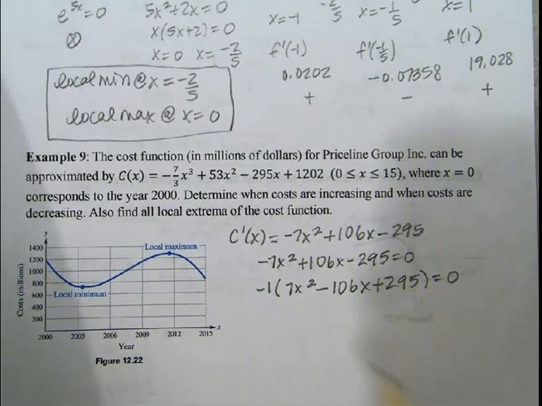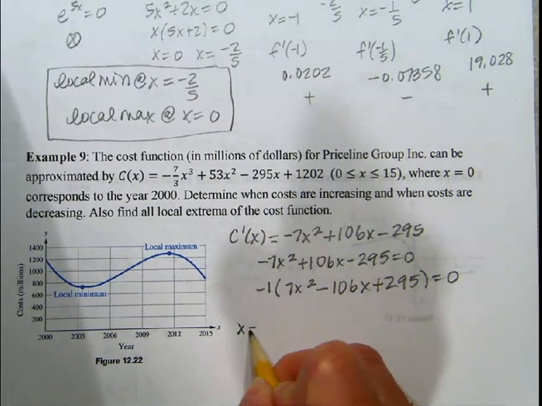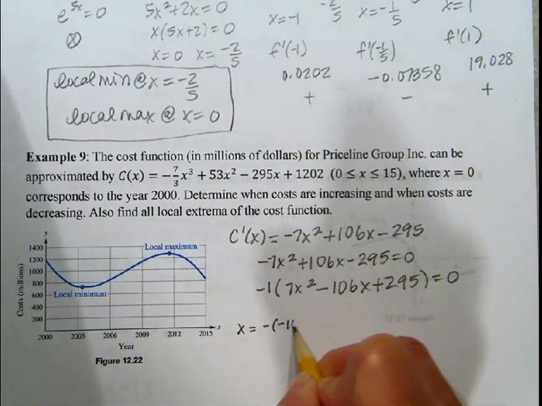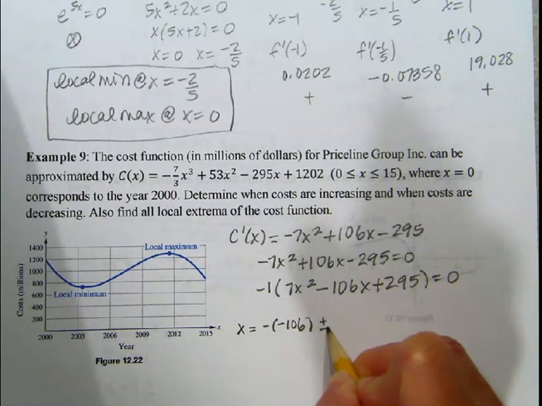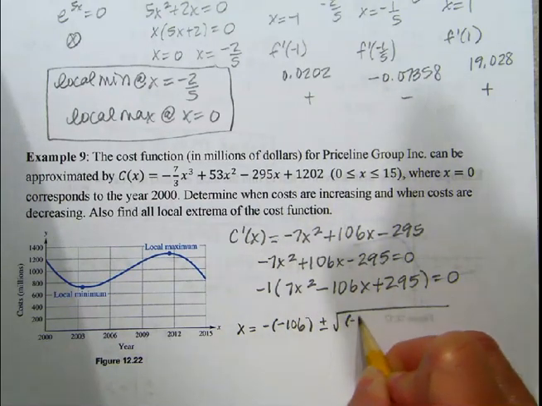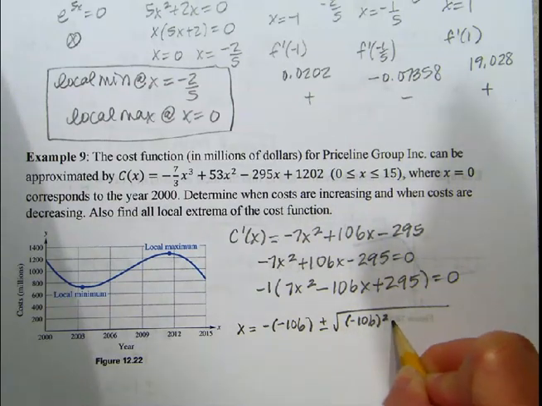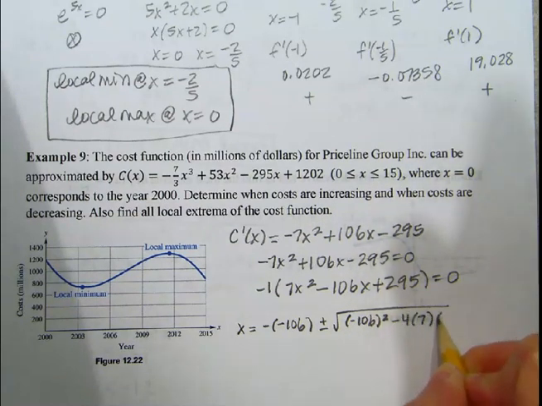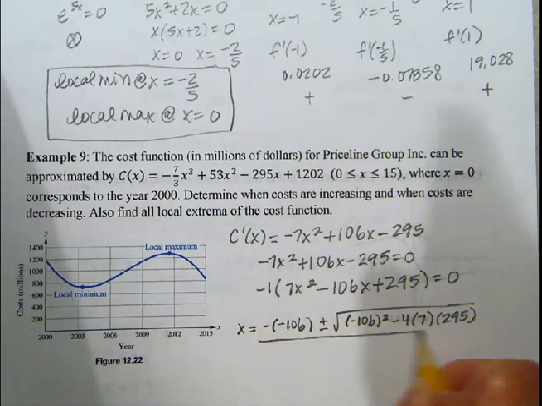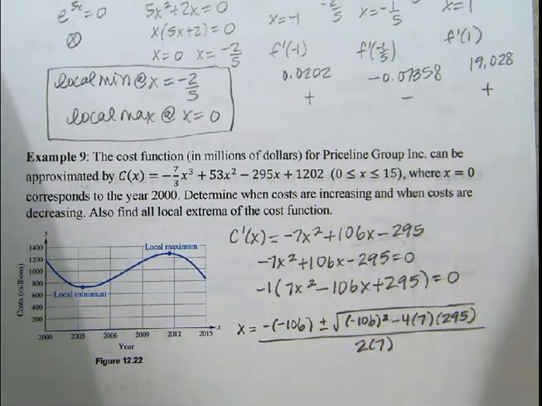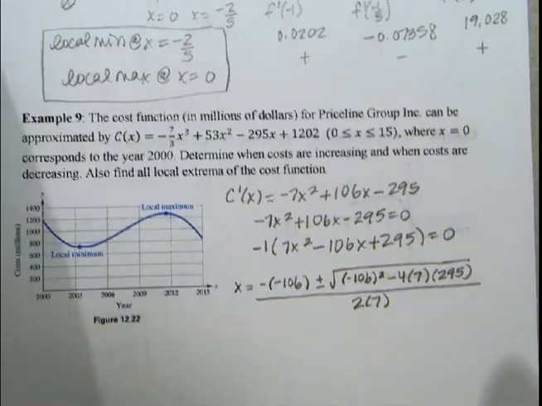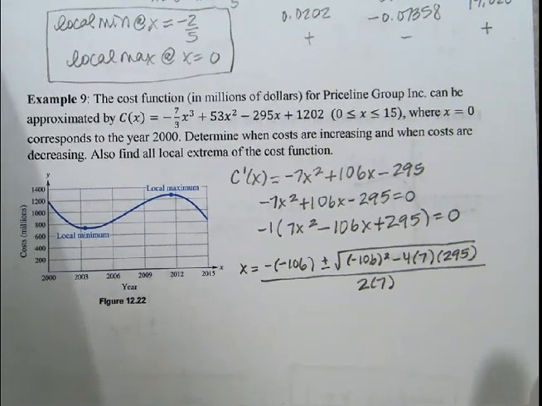So now let's use our quadratic formula. x would be equal to negative b plus or minus the square root of b squared minus 4 times a times c, and the whole thing is over 2a. So you should remember your quadratic formula. If not, write it down. But that's essentially what I did.